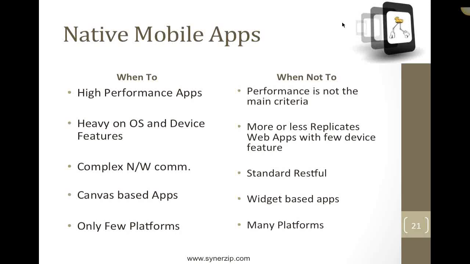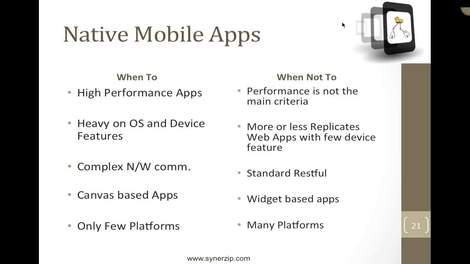If your application requires high performance, absolute high performance, some processing powers, some background service running, doing something, my advice is you should go for native application. If your application requires heavy use of OS and device features, for example, my application is a VoIP application. It needs Android service running in the background to basically able to receive a call or send out a call.